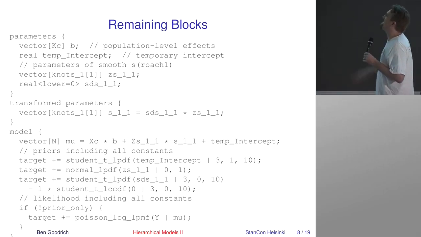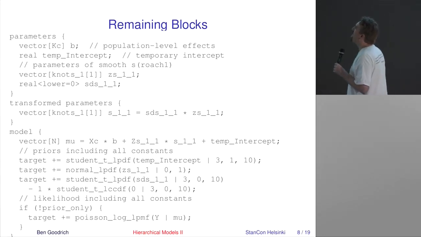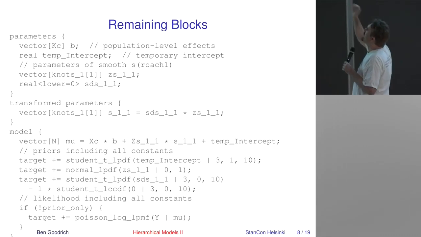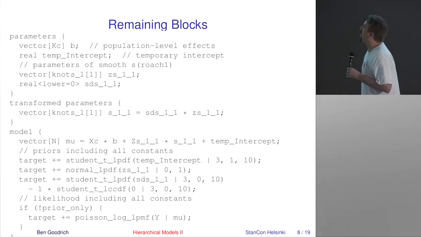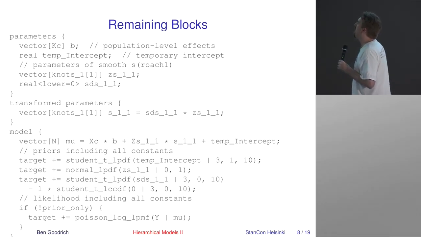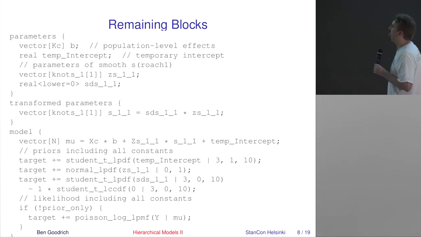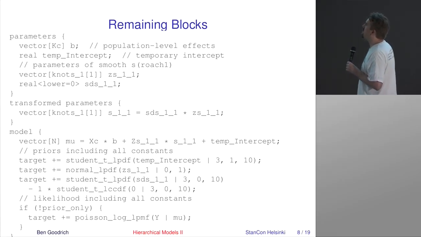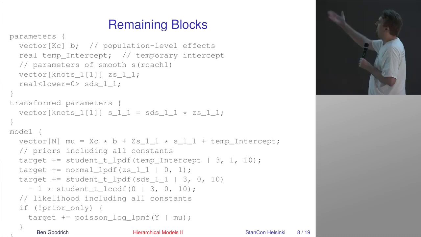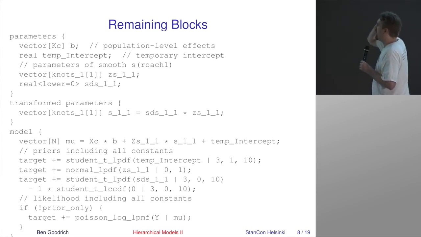That is the centered predictors times the common coefficients B plus the Z matrix, which was created outside in R, multiplied by its scaled coefficients to capture the deviation from linearity, add on the temporary intercept that corresponds to the centered predictors, and we have our linear predictor that goes into this Poisson likelihood that you can see the statement on at the end, again with a target plus equal.